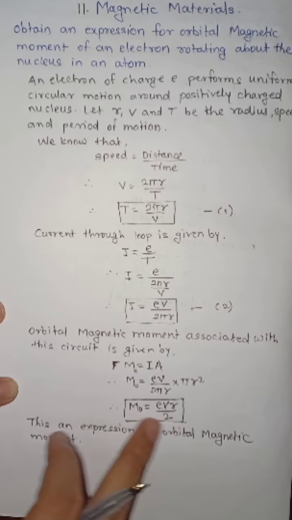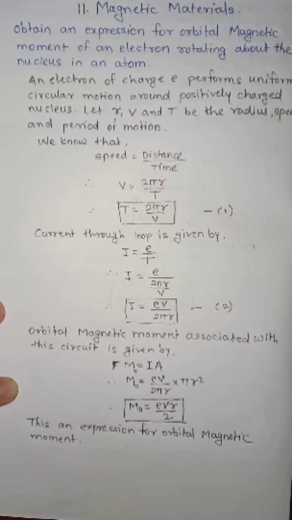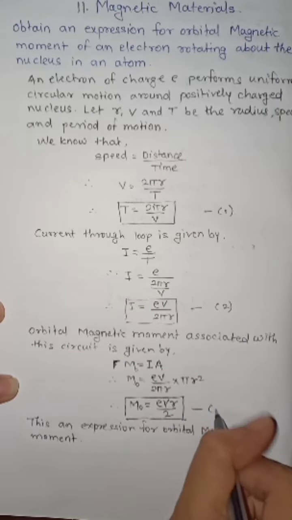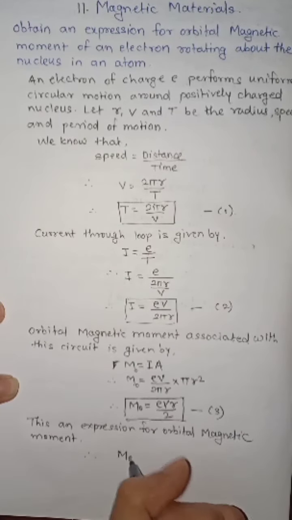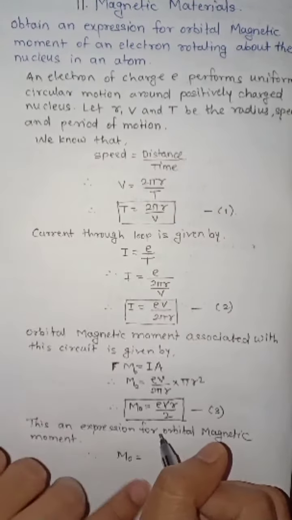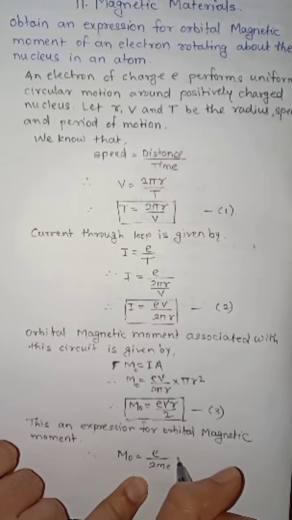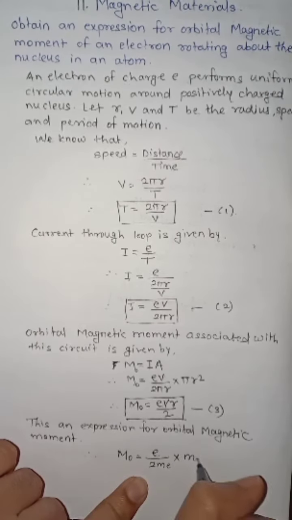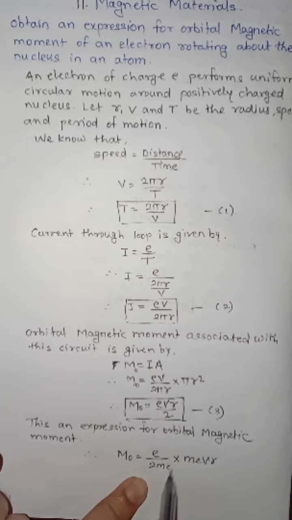For this we divide and multiply our RHS by m e. This is our equation number 3. Therefore m0 is equal to e upon 2 m e into m e v r.